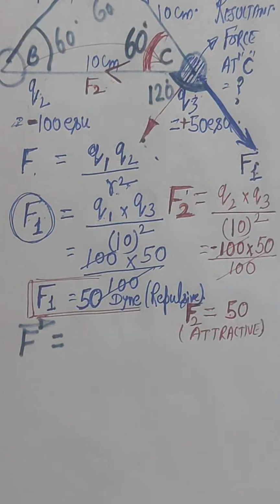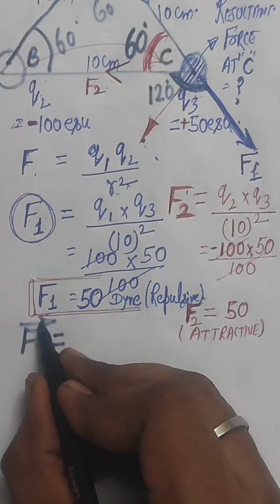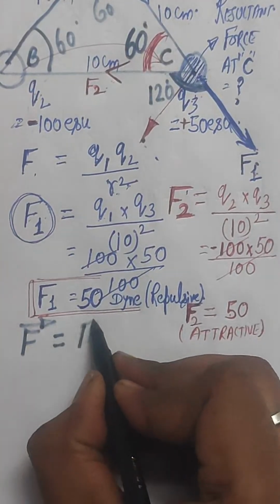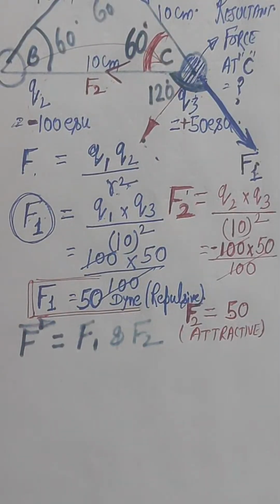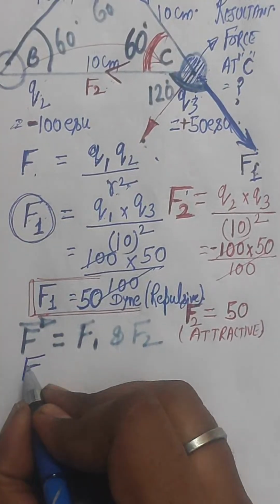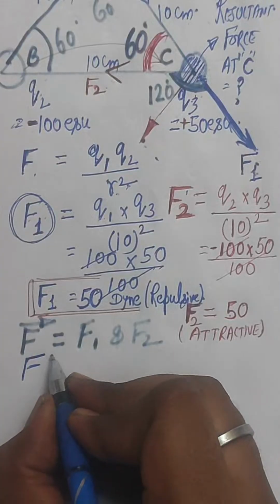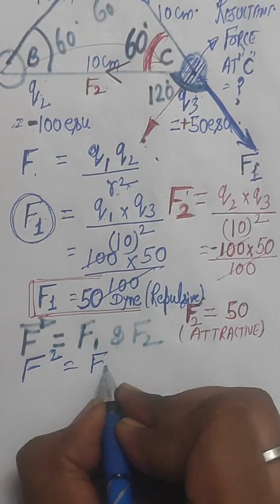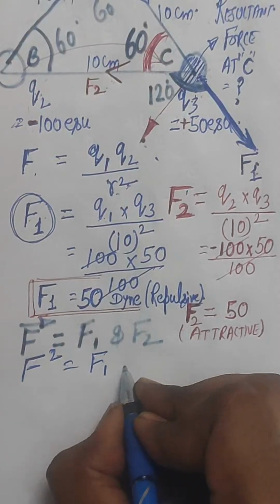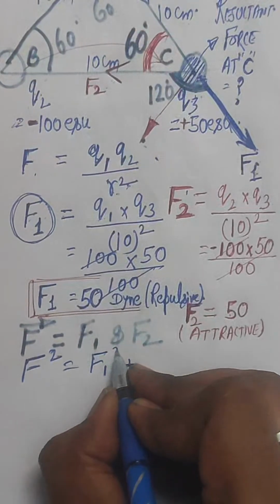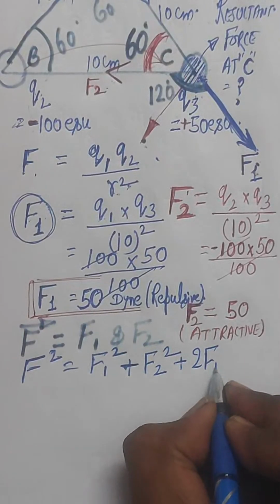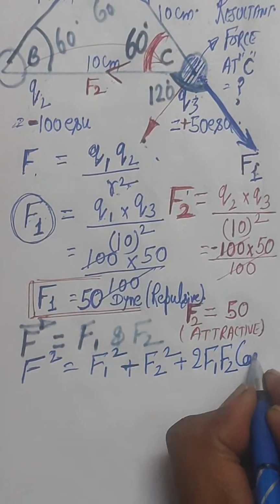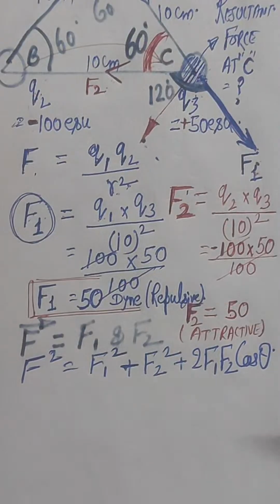So we can write the equivalent force acting between F1 and F2, the magnitude will be given by F square is equal to F1 square plus F2 square plus 2 F1 F2 cos theta, where theta is the angle between F1 and F2, right?